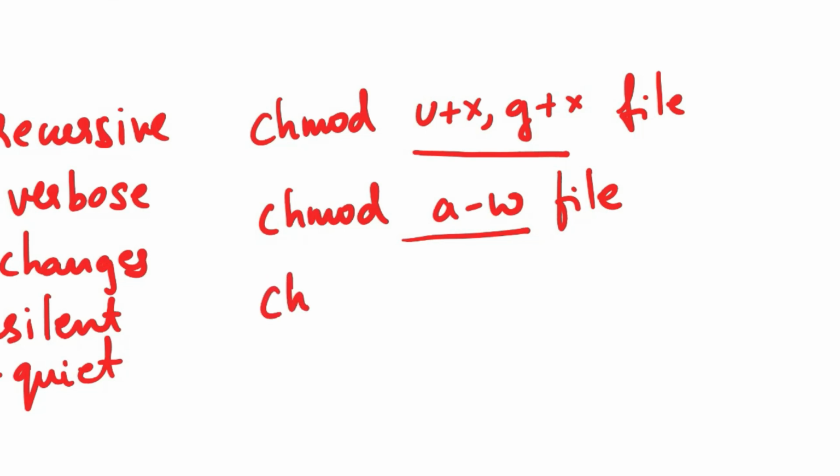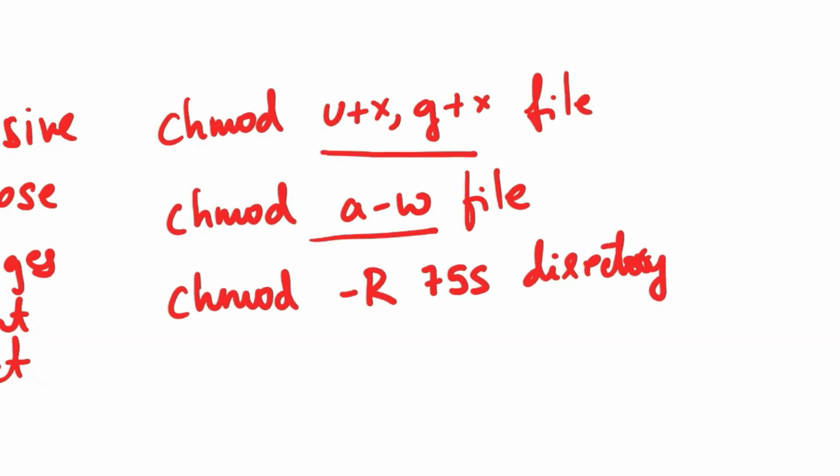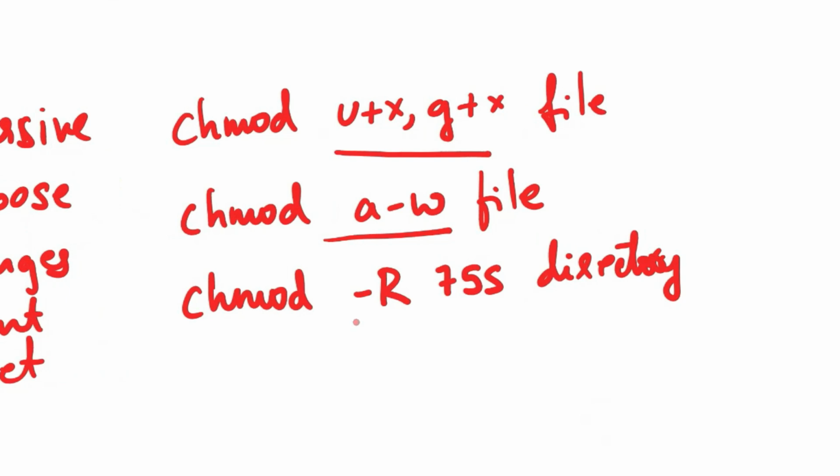Next, if you say chmod -R 755 and then directory, this is to recursively change permissions for all files and directories under a directory. Note that it is important to be cautious when changing permissions, especially on system files and directories, as incorrect permissions can affect the stability and security of your system. Always use the chmod command with care and consideration.